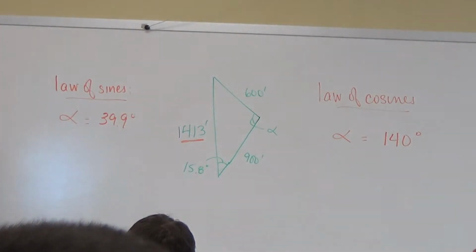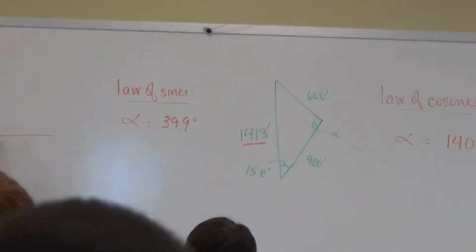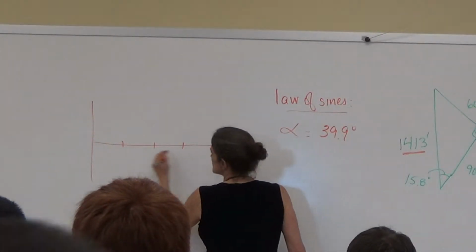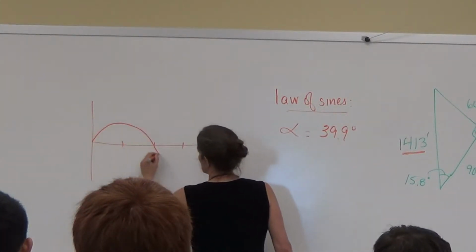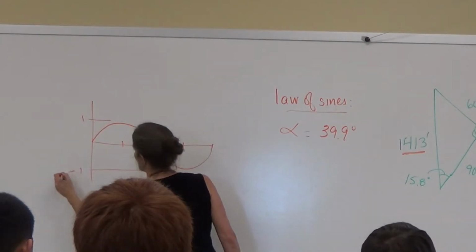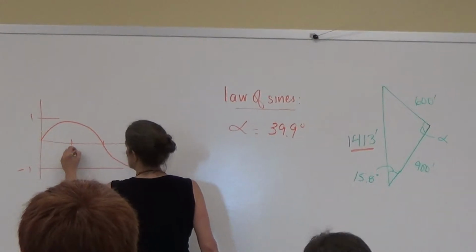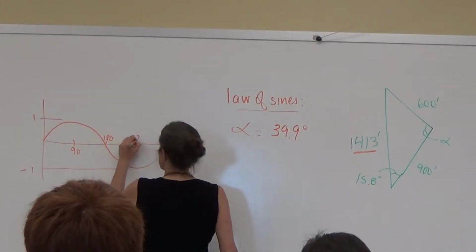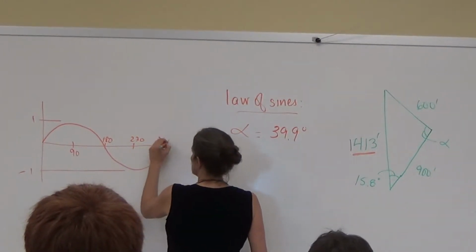So let's take a look at this. This is the sine wave, with values 1 and -1, and angles 90, 180, 270, 360.